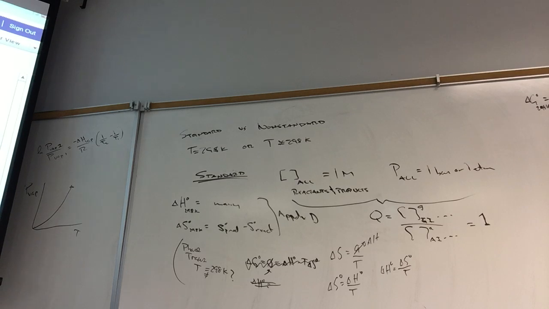Okay, going back to Appendix D, let me just show you. Next to the delta H of formation column, we have a delta G of formation.